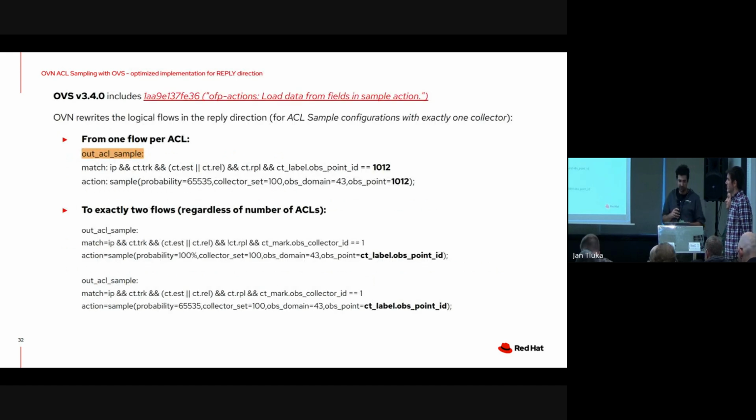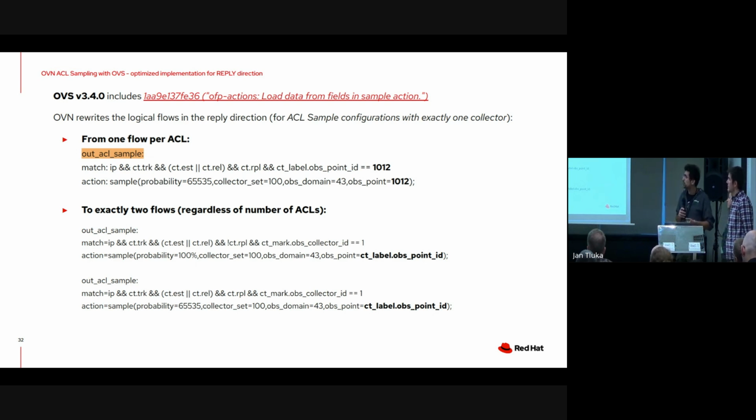But then Adrian had a really great idea, and he said, wait, can't we generate samples that take the value, the metadata that we embed in the sample, from a generic OVS packet field? And that packet field can actually be the ct label. So that's what we ended up doing.